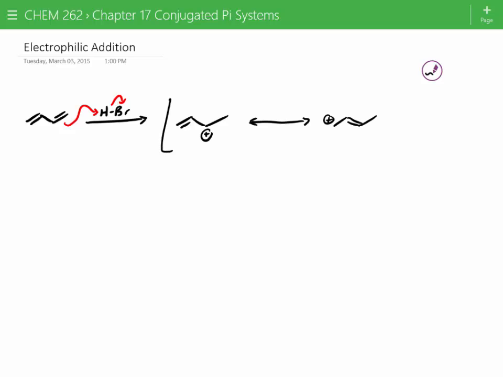Does anybody remember what this functional group is called, where you've got a cation on a carbon next to a double bond? Yeah, it's an allylic carbocation. And these are very, very stable because of that resonance delocalization.